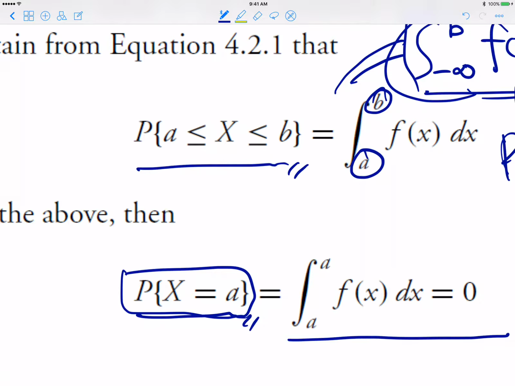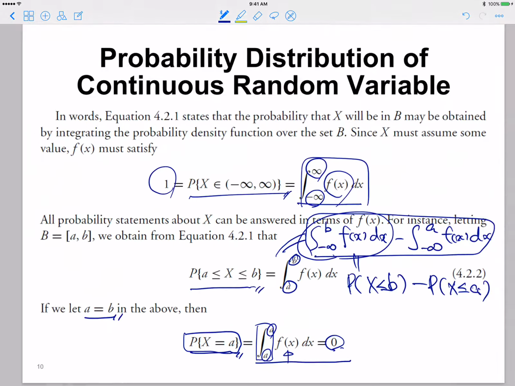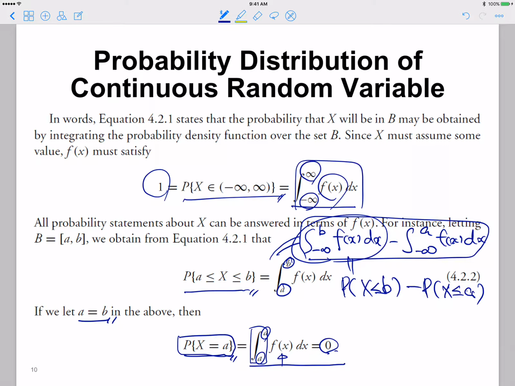So if we do the integral on the same starting and ending point of this velocity value, then the probability will be 0, because by definition we give no x values or length or possible range to compute the integral. So regardless of any function f, that integral will always be 0.